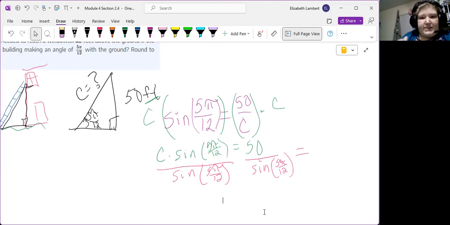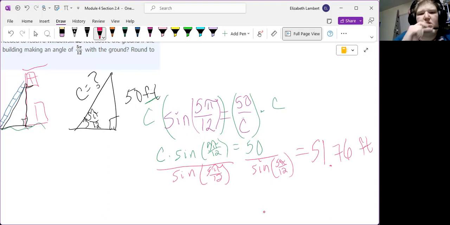So that's your common sense gut check. So 50 divided by the sine of 5 pi over 12. Okay, a little weird, but this is saying it is 51.76 feet.